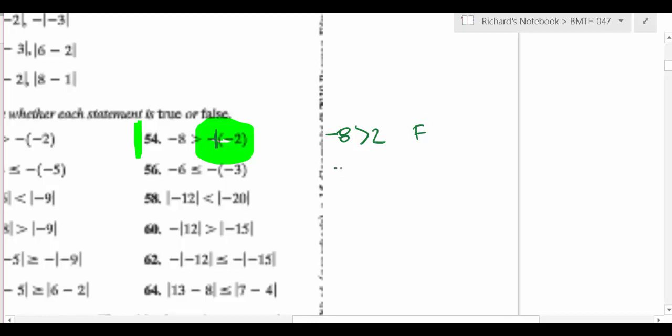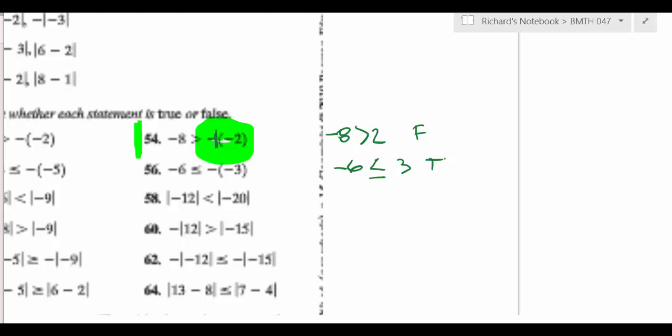So this becomes -6 is less than or equal to +3. That's true because -6 is to the left of 0 and +3 is to the right of 0. So that's true.